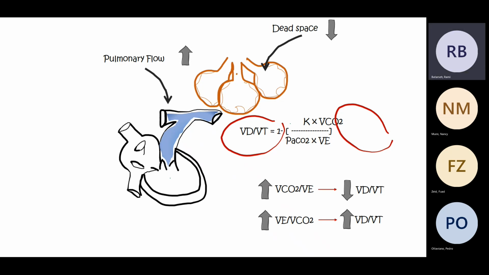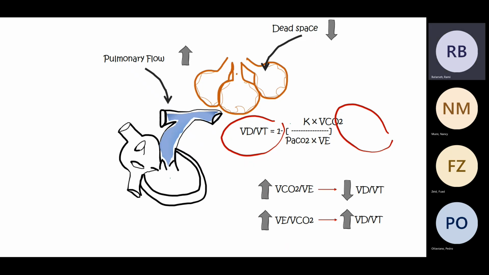Good. So Shane, clear? So if my VE/VCO2 went up, it means that my VD/VT is going up, or the opposite, okay? What's the normal VD/VT during rest? The normal ratio? 0.4. And if I start exercising, what should happen to my dead space?